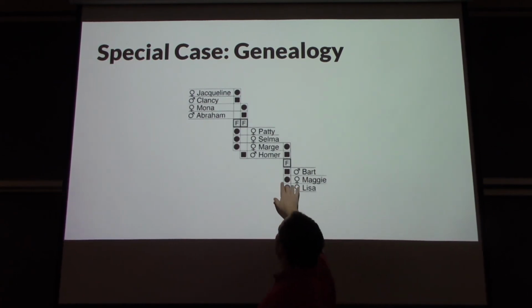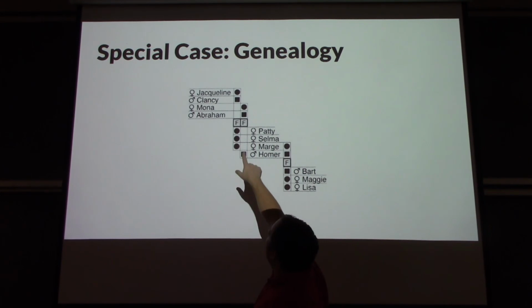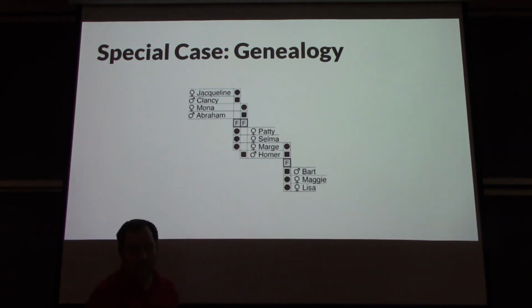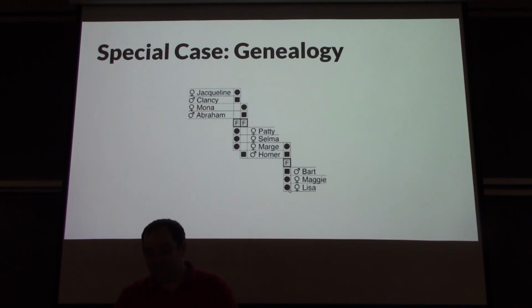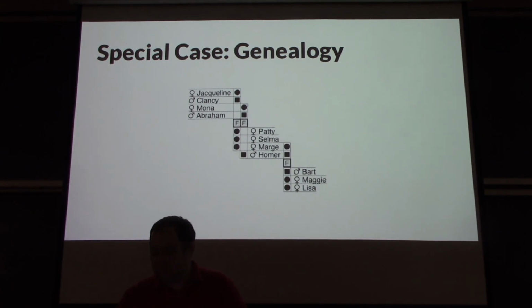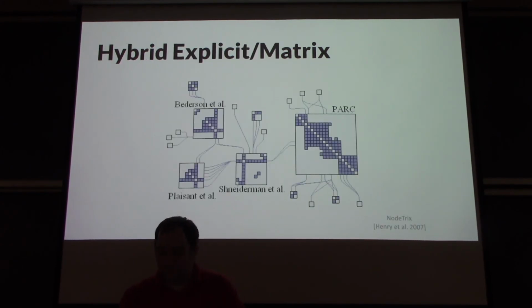So you can see that Marge, Selma, and Patty are the daughters of Jacqueline and Clancy, whereas Mona and Abraham are the parents of Homer. And then Bart, Maggie, and Lisa are just the children of Marge and Homer. This is an interesting technique because these genealogies get pretty complex and pretty big, and by structuring it like this, in this matrix layout, you can get a good overview of what is going on in these families.